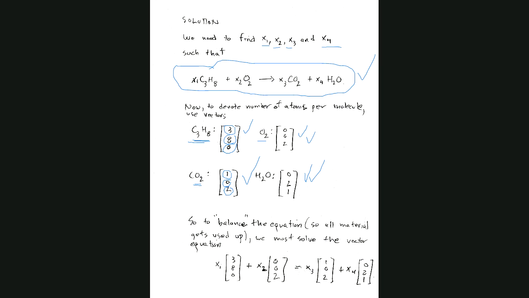The order, Moshe, does not matter, but you have to be consistent in the vectors. For instance, based on the propane molecule, my carbon atoms are in the first entry, hydrogen atoms are reserved for the second entry, and the oxygen atoms are reserved for the third entry.